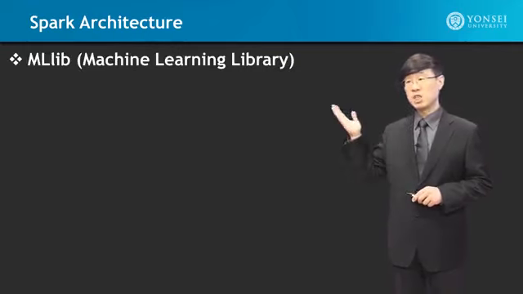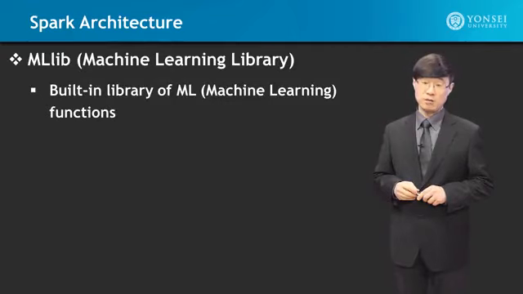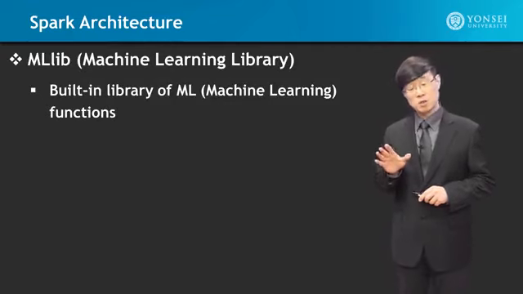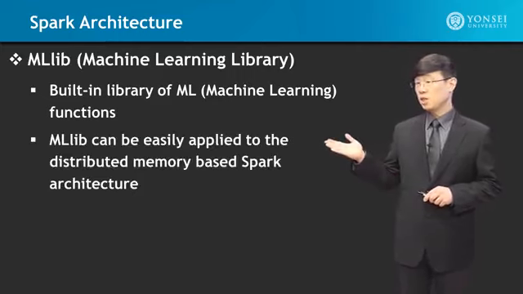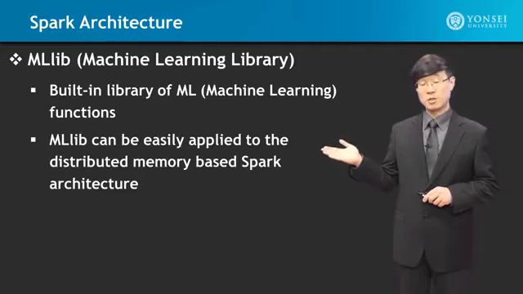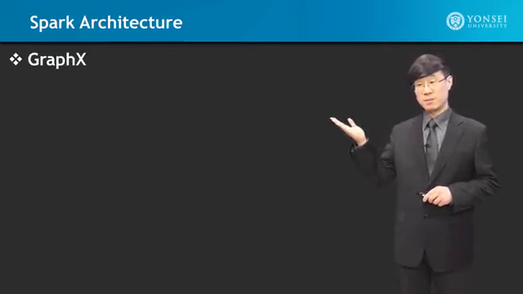Then we have the machine learning library. This is a built-in library of machine learning functions, which make Spark so powerful and extremely fast. The machine learning library can be easily applied to the distributed memory-based Spark architecture. Spark also has GraphX.